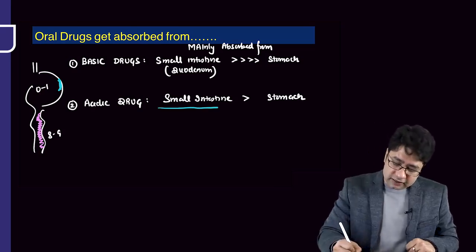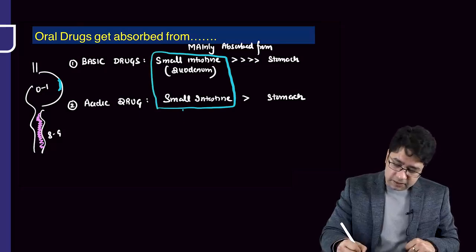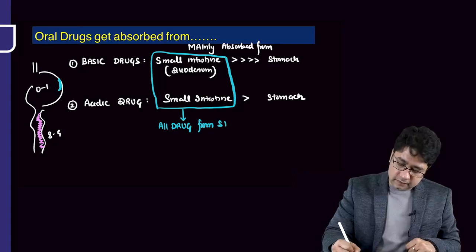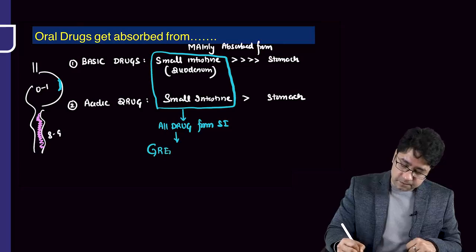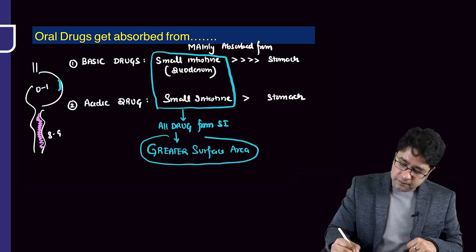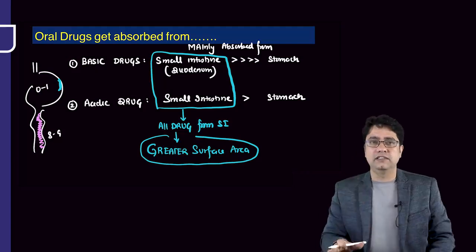So all drugs, whether acidic or basic, are mainly absorbed from the small intestine. The reason is greater surface area, which is the main factor that determines the absorption of a drug.